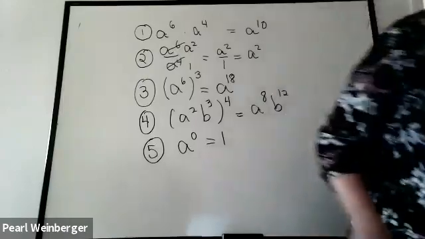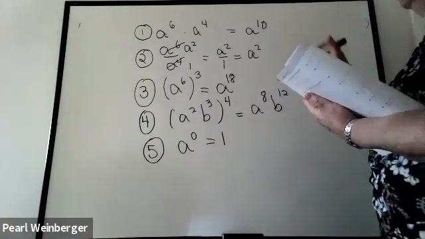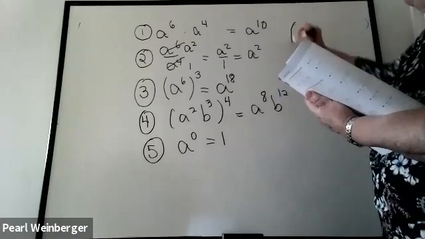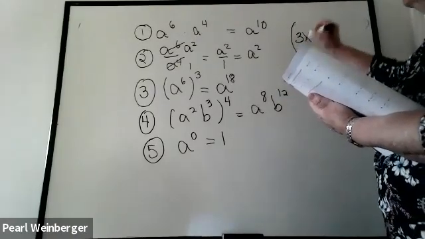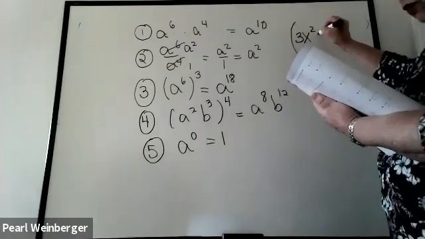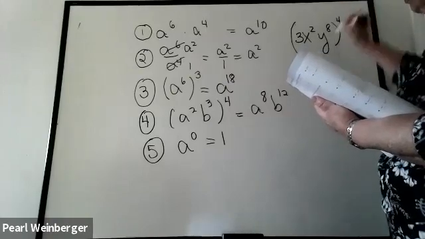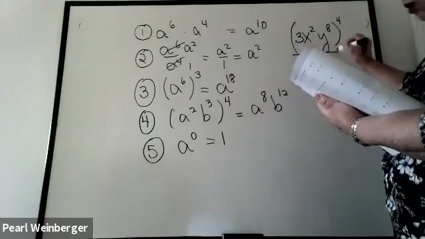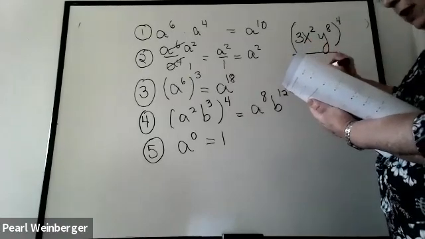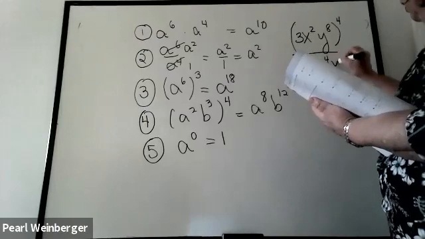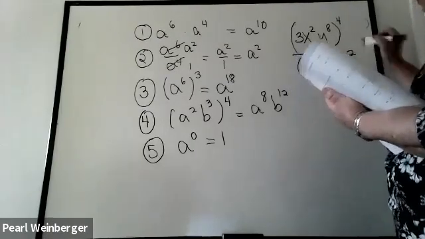So if I were to have given you a problem that looks like this, suppose I gave you 3x squared y to the 8th, all to the fourth power, over 9x to the fourth y cubed, all to the second power.